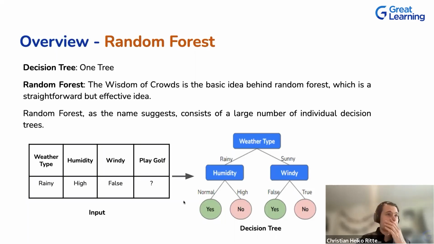If we ignore the windy for now, we would get, sorry, here to no. So we would identify it as no. The person would not play golf. So here we have the output, and that's explainable in an effective way.